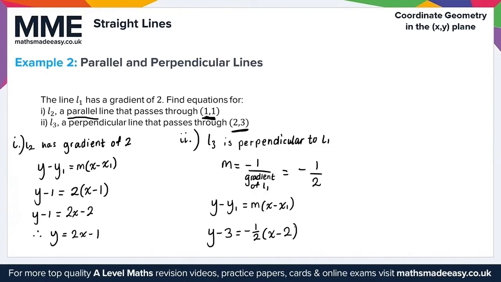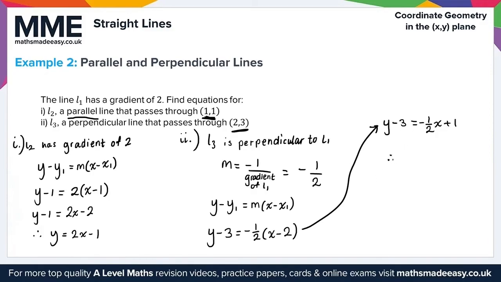Here again, if we expand the right hand side first, what we get is y minus 3 is equal to minus a half x, and then minus a half times minus 2 will simply give us plus 1. And now if we rearrange this so it's in the form y equals mx plus c, we just need to add 3 to both sides.